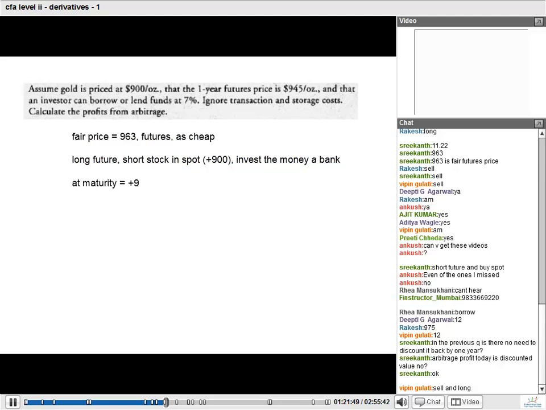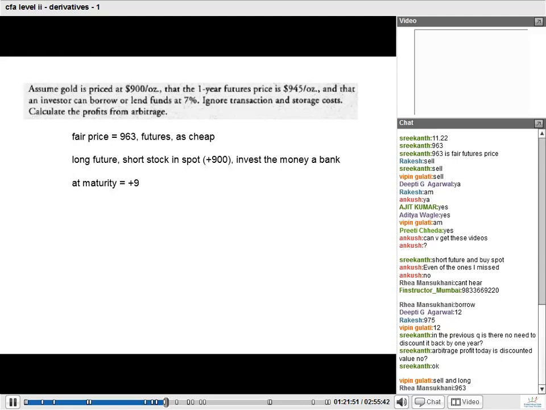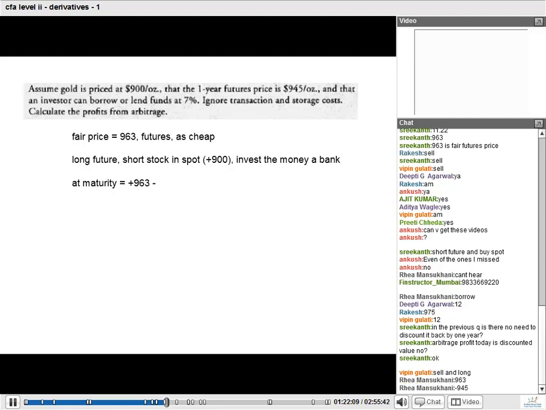You will have $963 from the interest that you received, of which you will have to pay $945 to buy the stock and give it back to who you borrowed it from.